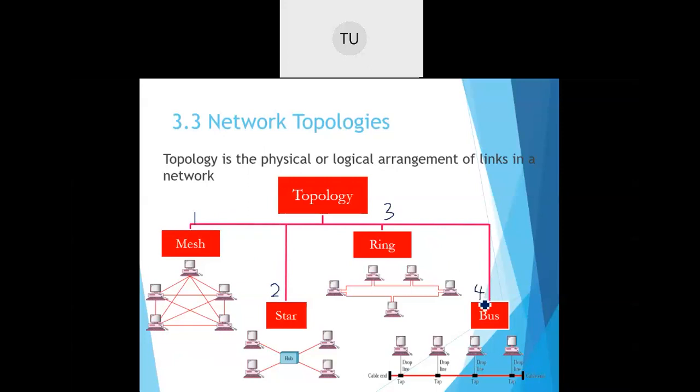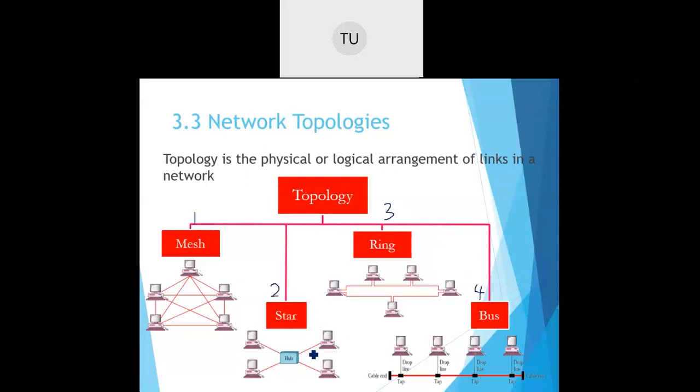To make your life easier, you can remember not only by memorizing the detailed descriptions, but by making it a common sense formula. For instance, let's go to star first.